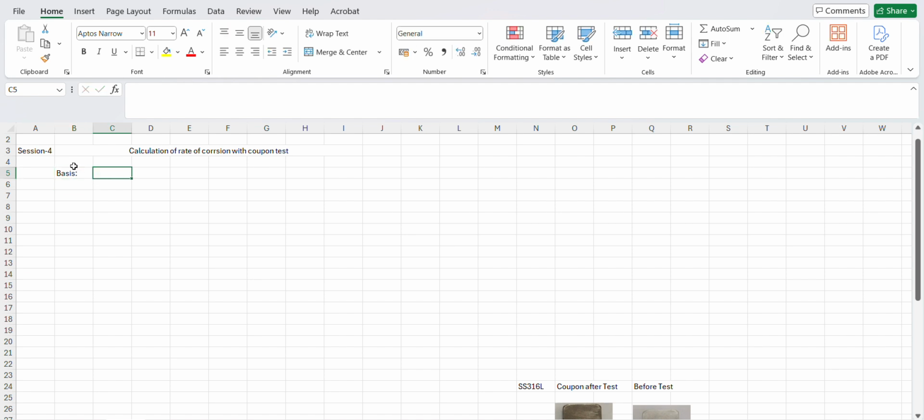What is the basis? The first basis is the 2 mm corrosion allowance considered for the equipment.